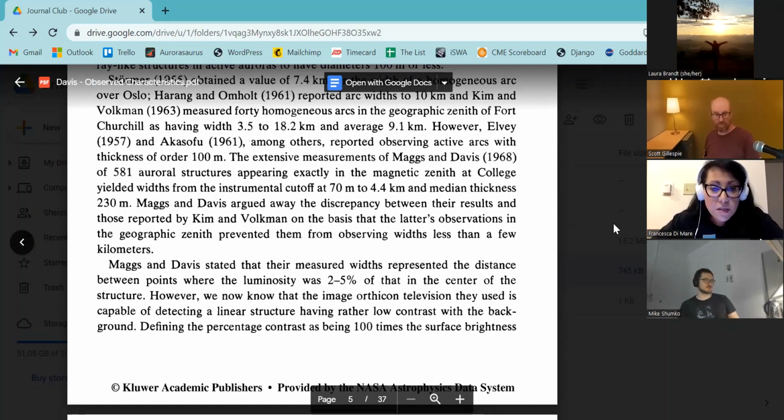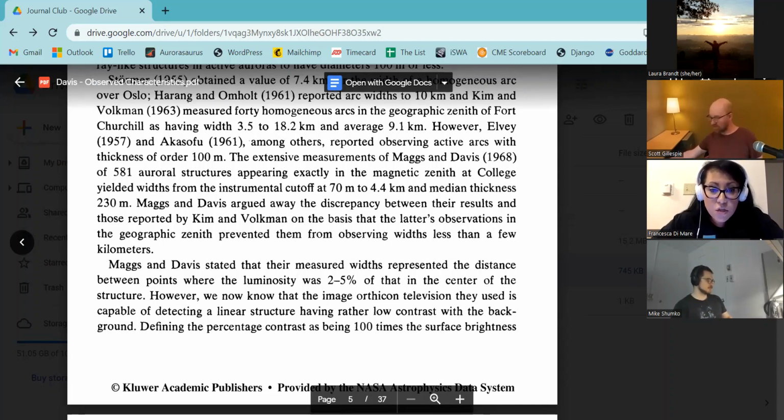Maggs and Davis stated that their measured width represented the distance between points where the luminosity was 2 to 5% of that in the center of the structure. However, we now know that the image orthicon television they used is capable of detecting a linear structure having rather low contrast with the background.